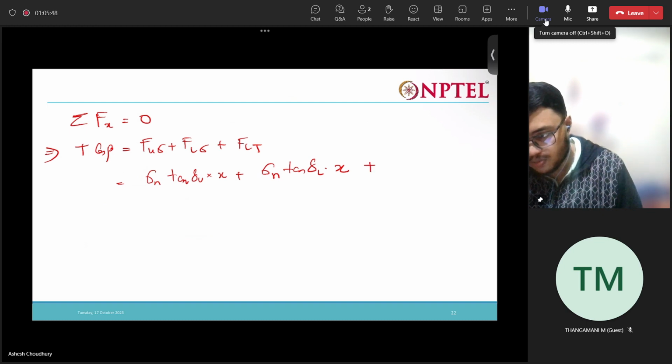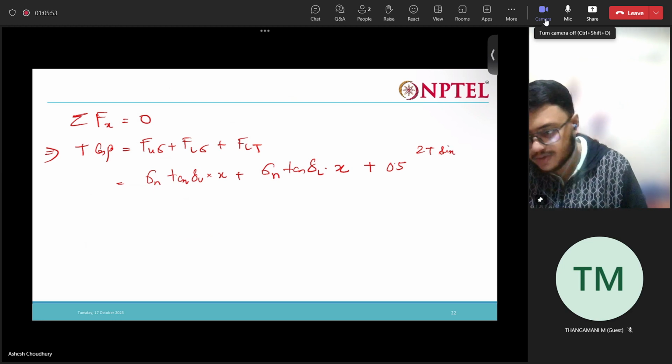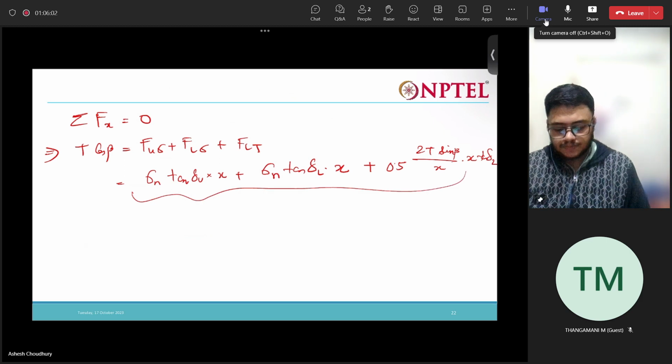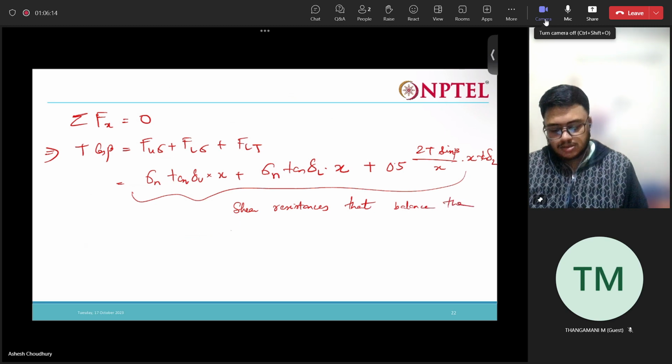And this one will be 0.5 twice T sine beta by x into x tan delta low, with 0.5 because it is triangular. So these are the shear resistances that balance the horizontal component of the tension that is acting on the geomembrane.